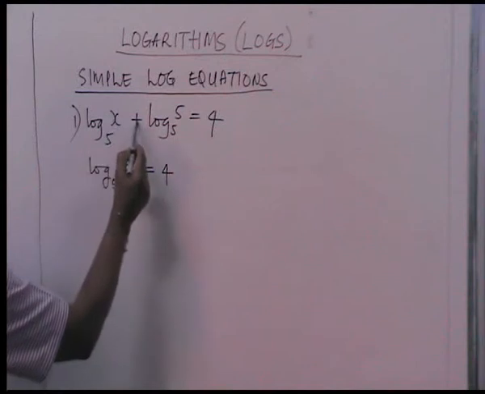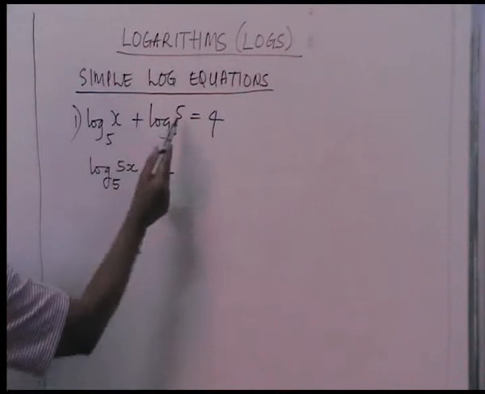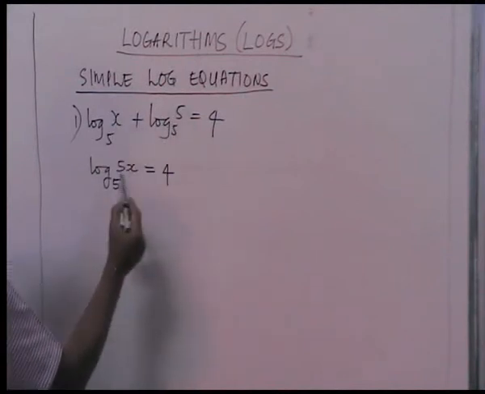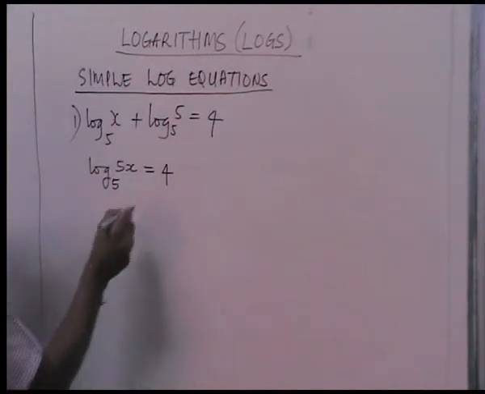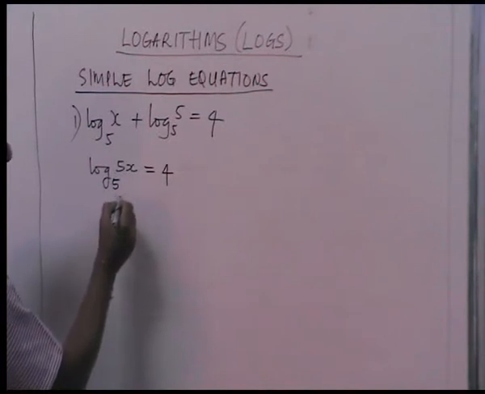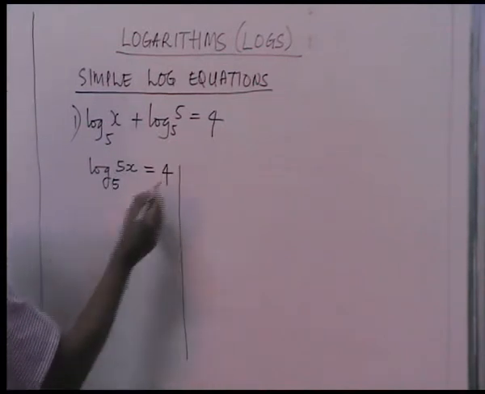See, I'm using the log a plus log b law. So according to that law, the bases are the same, I can multiply those two, and then from here what I did is I changed it to index form.